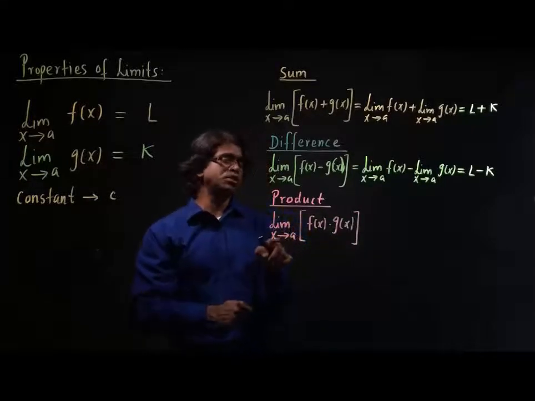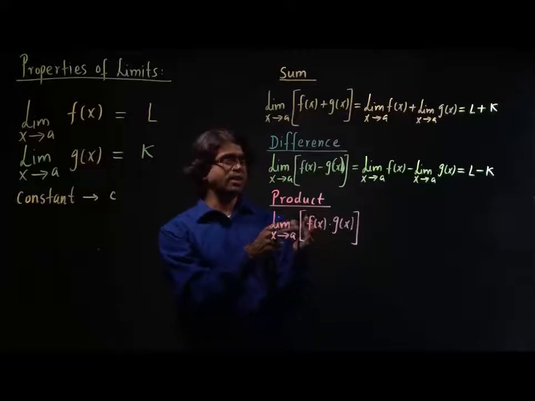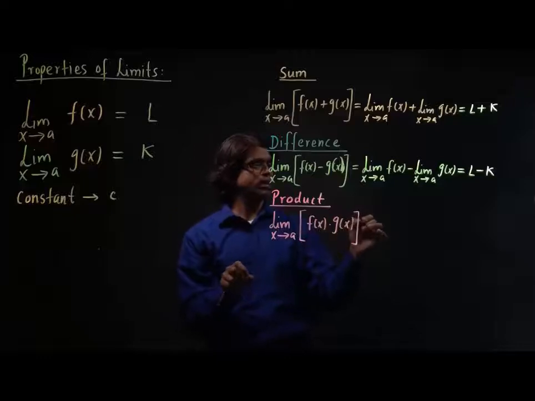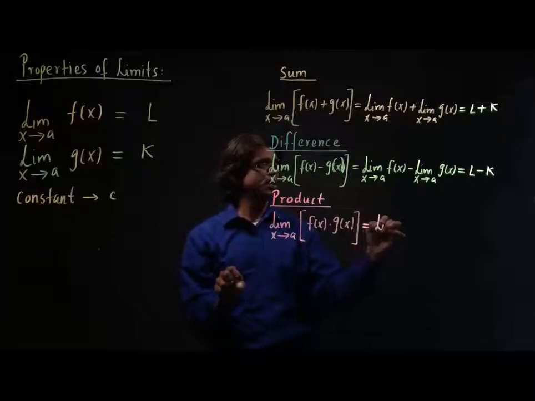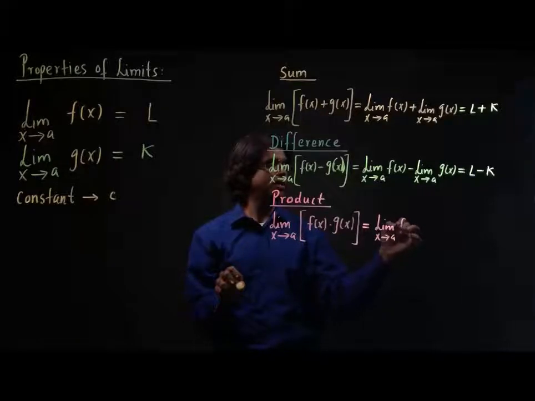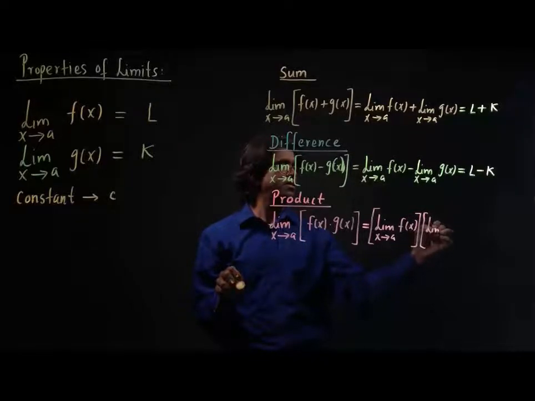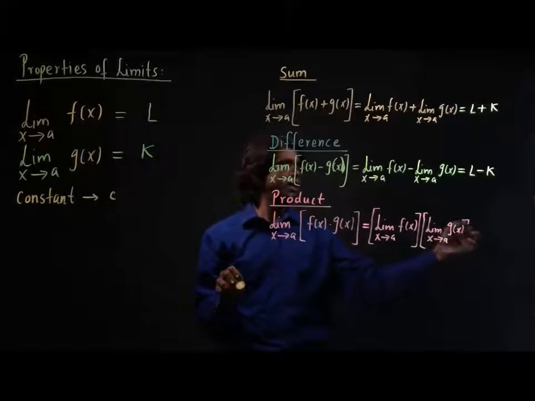I will distribute the limit inside and then I will separate the functions individually. So I will write this is equal to limit x tends to a f(x) in one bracket, and then in the second bracket I have limit x tends to a g(x).